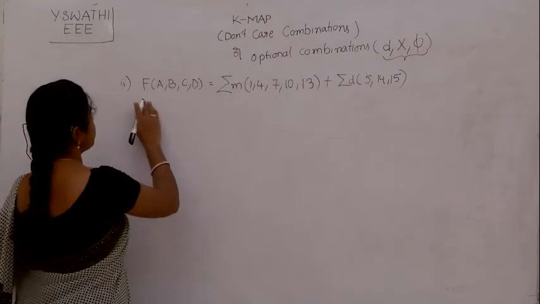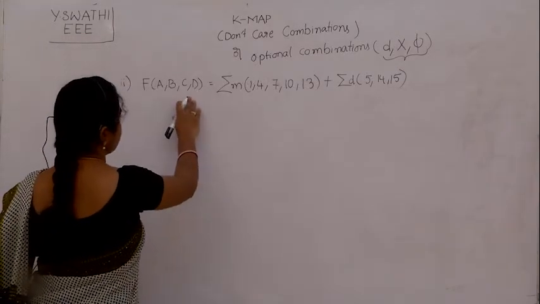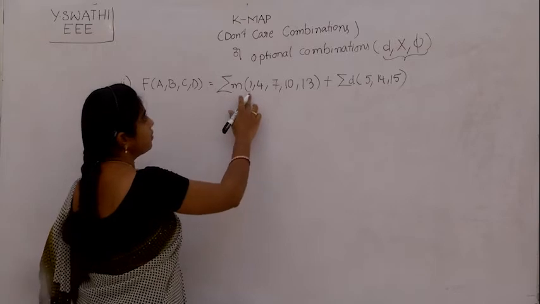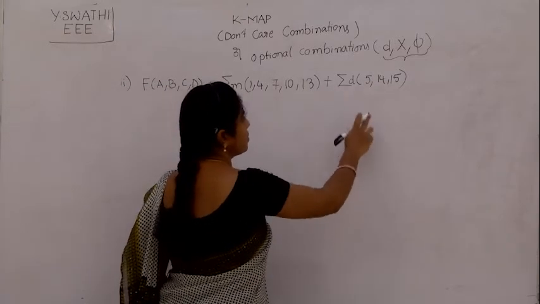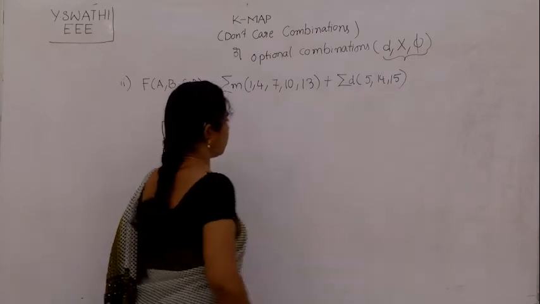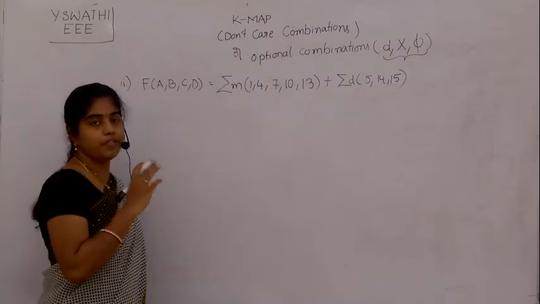In the second expression, we have a 4 variable function, that is sigma m of 1, 4, 7, 10, 13 plus a don't care combination of 5, 14, 15. Now we will represent it in the 4 variable K-map.